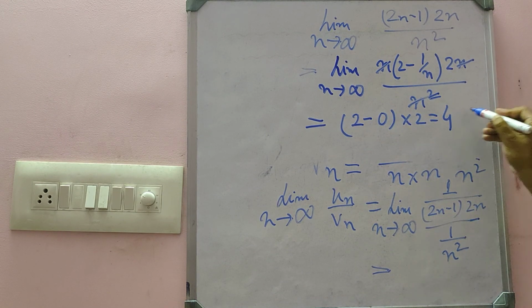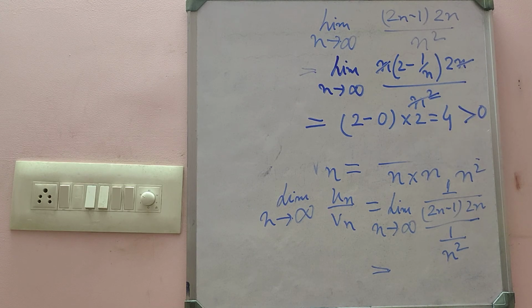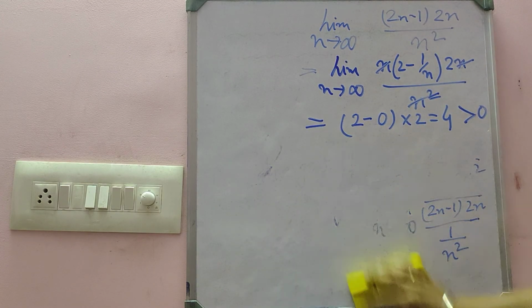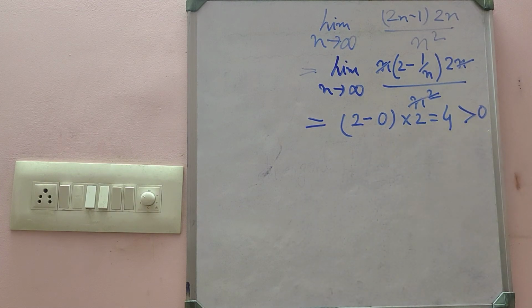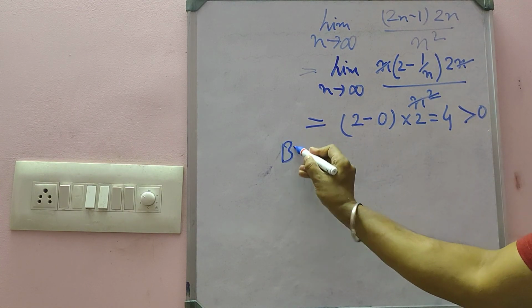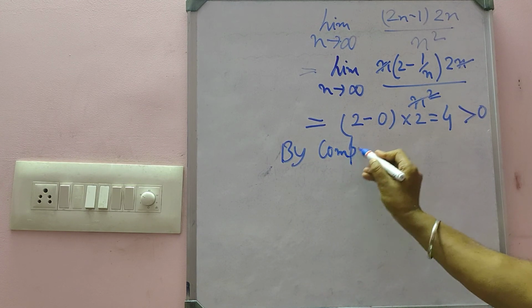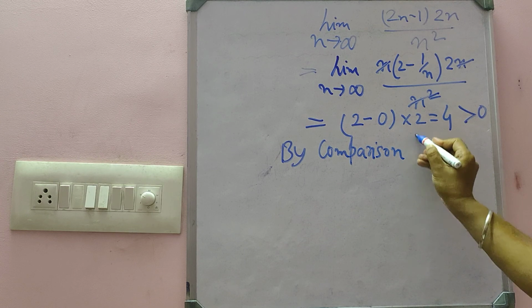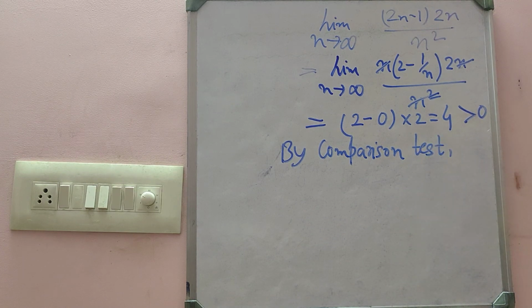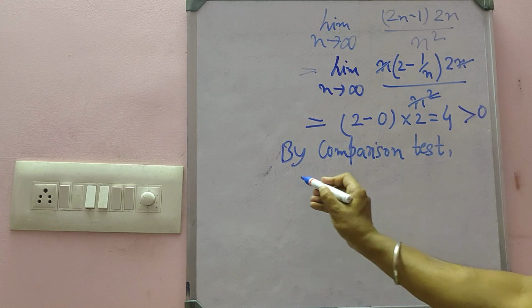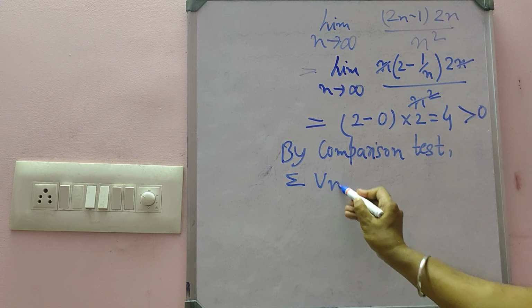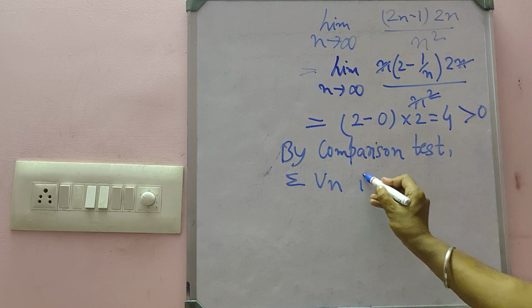4 is greater than 0. So whenever our limit ratio un by vn comes greater than 0, it is always convergent by comparison test. So you have to write here, by comparison test, summation of vn is convergent.